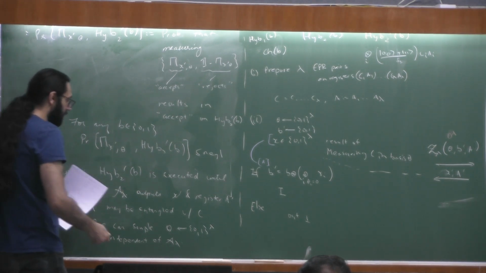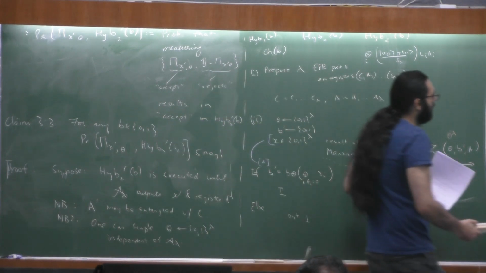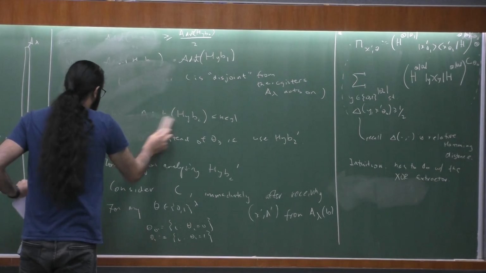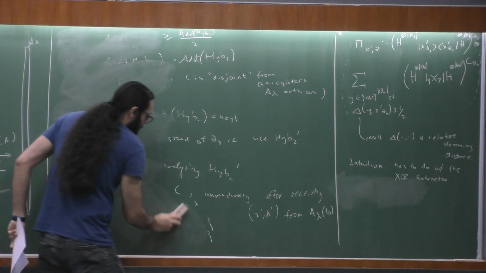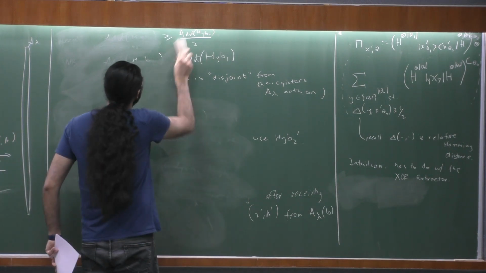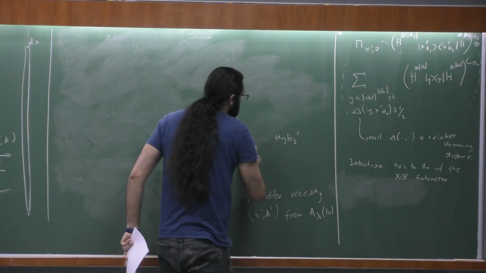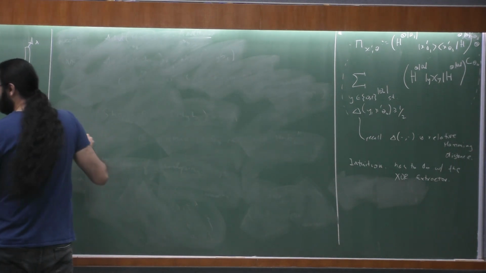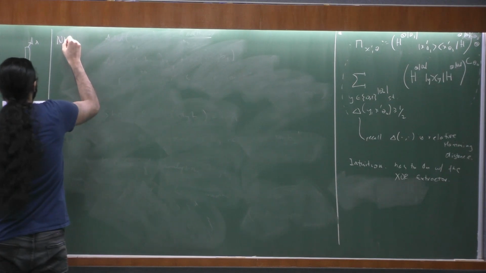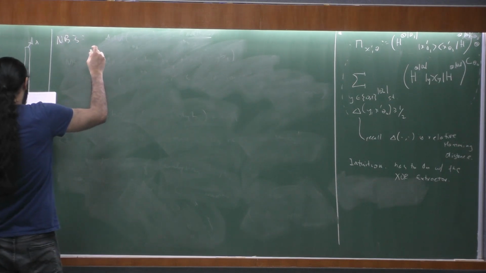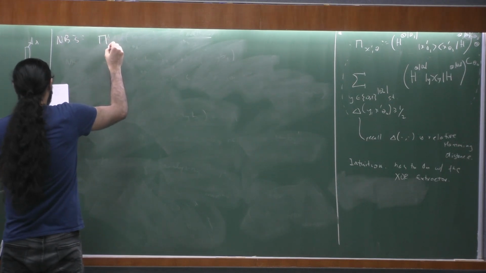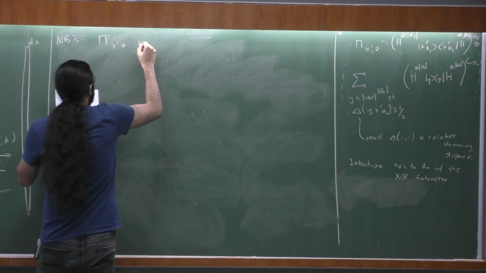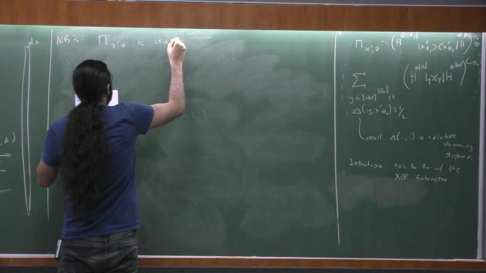The third note is the following: the projector pi x prime theta is diagonal in the Hadamard basis.